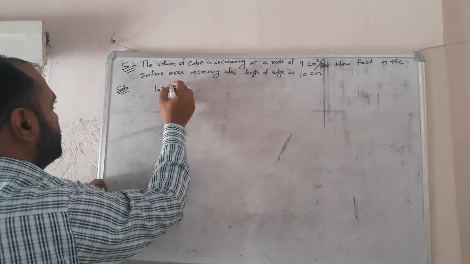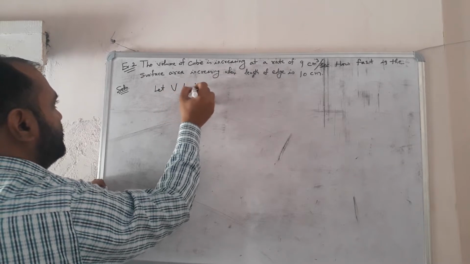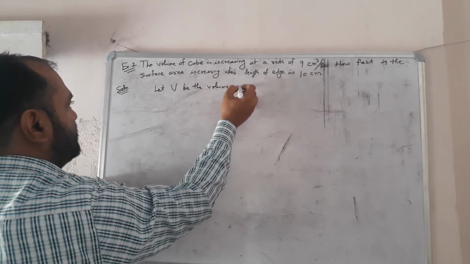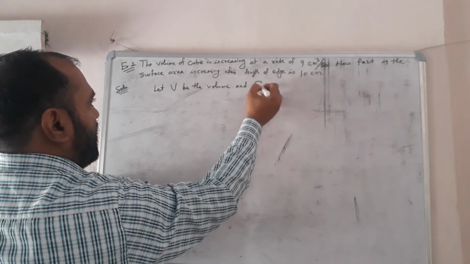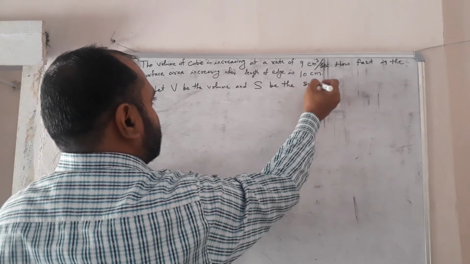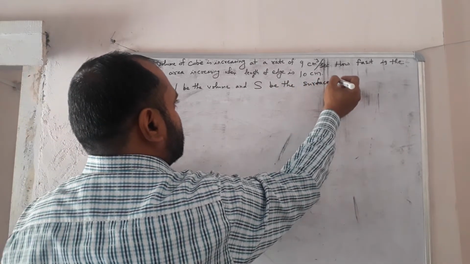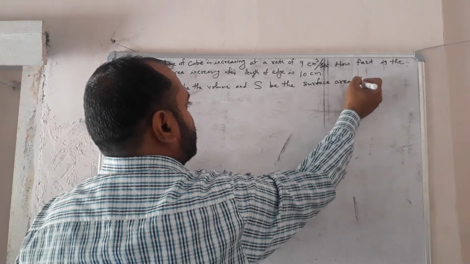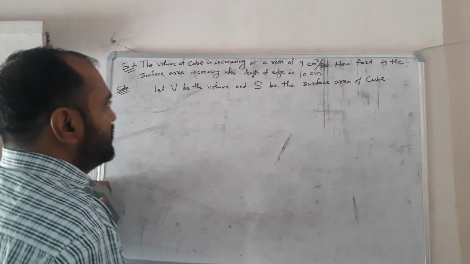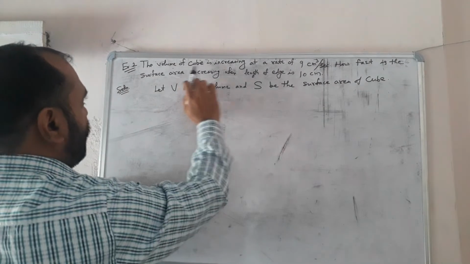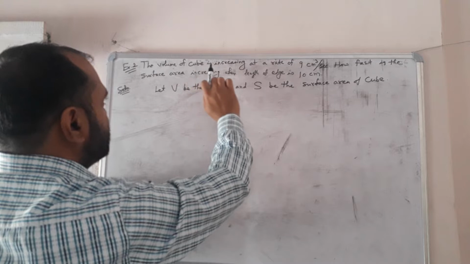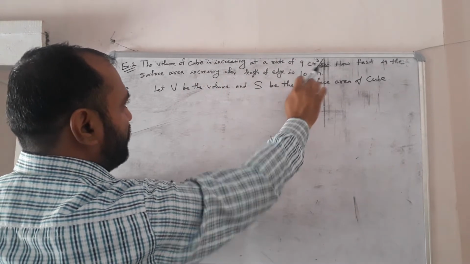Let capital V be the volume and capital S be the surface area of the cube. As given in the question, the volume is increasing at the rate of this.